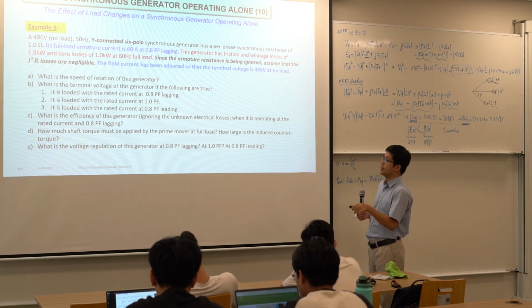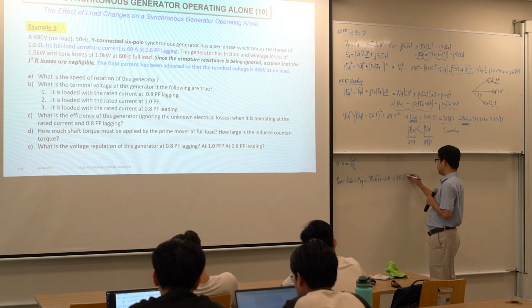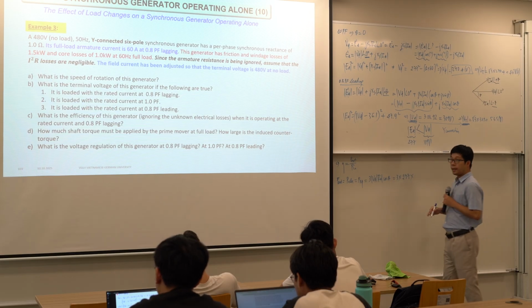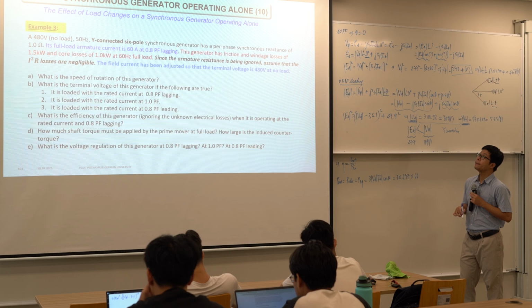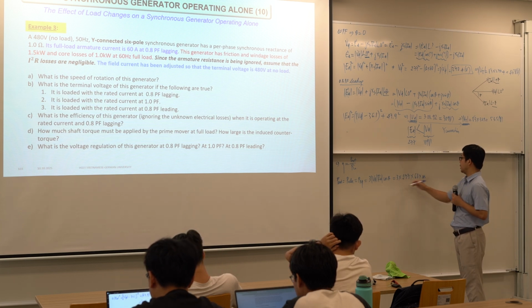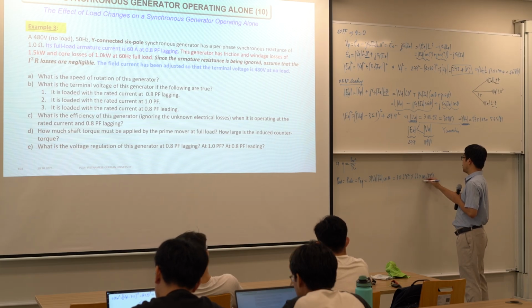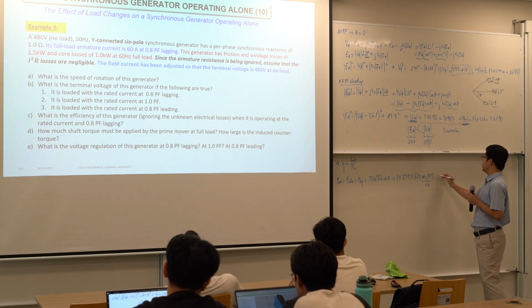V-phase is 277. IA how many? 60. Cosine of what? Cosine of 37, which is 0.8. And you get how many, please?